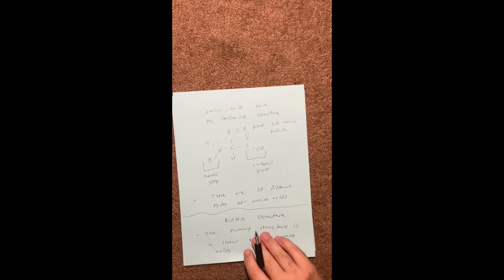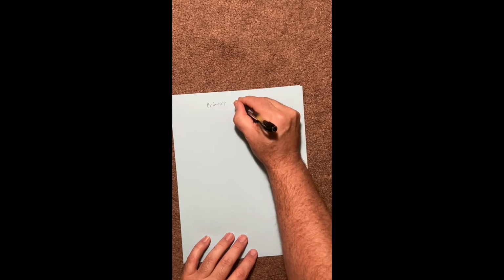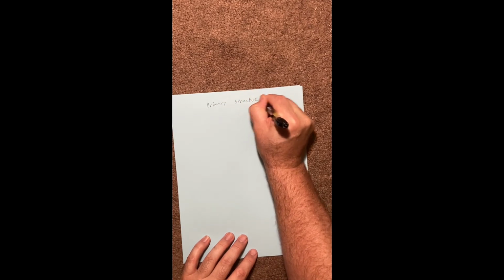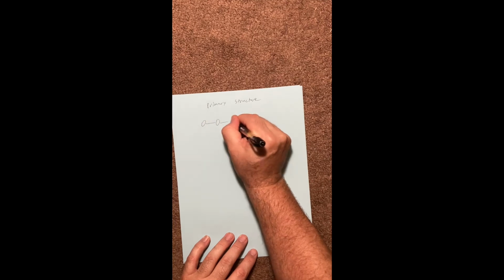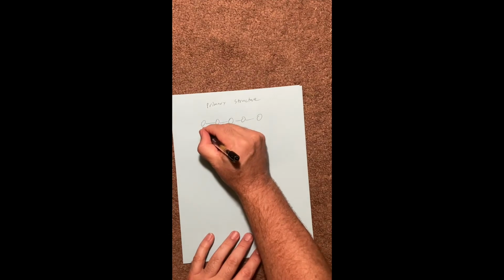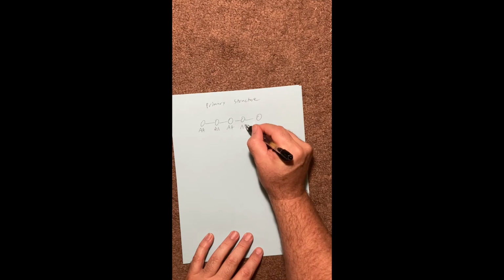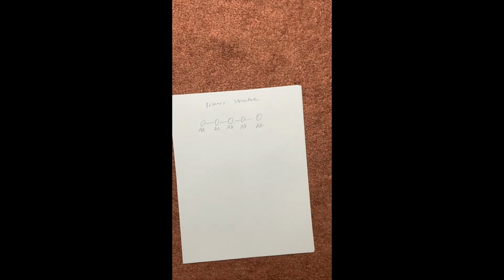Those are connected by peptide bonds. So you might have this, for example, where each of the circles is an amino acid, and they're connected by peptide bonds. The primary structure is theoretical. It's not seen in nature because there are other interactions.